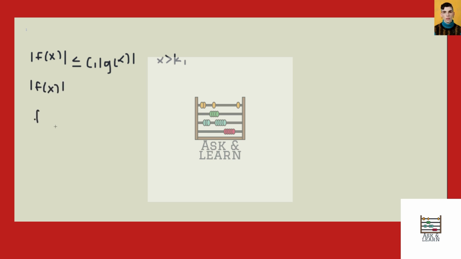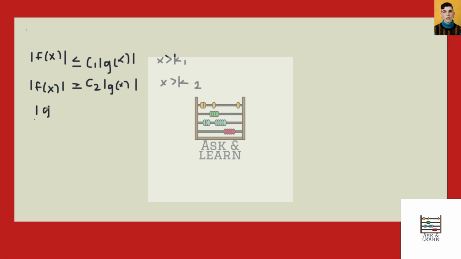This one's a bit different. This one contains C2 times g of x, whenever x is bigger than k2.